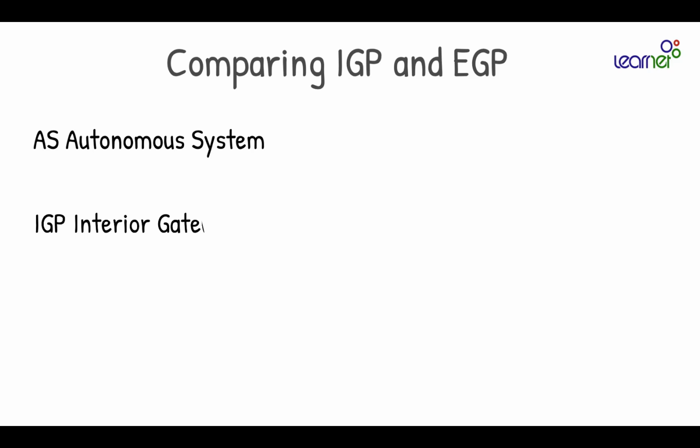Interior gateway protocols, or IGPs, are used for routing within a single autonomous system. These protocols help manage the internal flow of traffic and ensure all routers inside the AS know how to reach all internal destinations. OSPF, EIGRP, and RIP are examples of IGPs, and they are optimized for speed and efficiency within the boundaries of an AS.